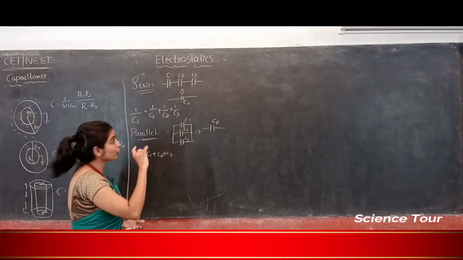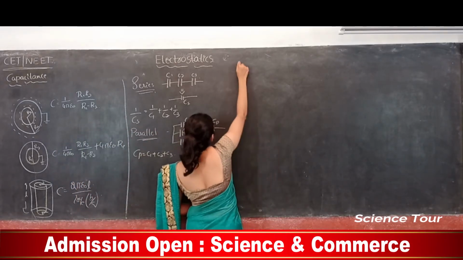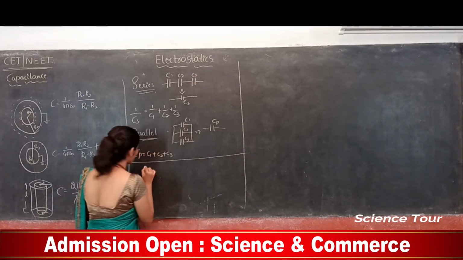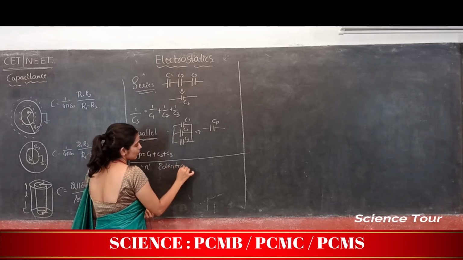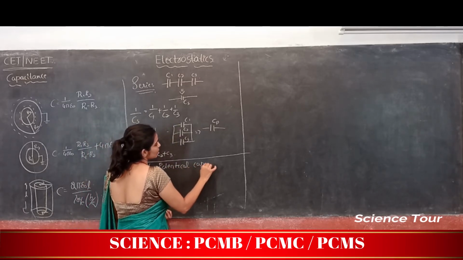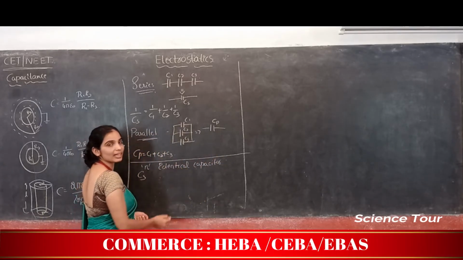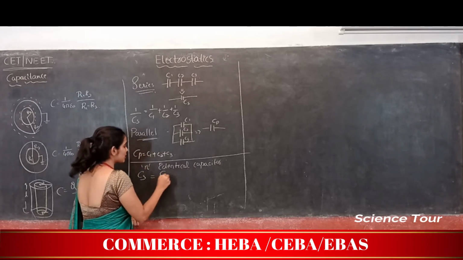If you have n number of identical capacitors, each with capacitance C, then when they are connected in series, CS is equal to C divided by n.